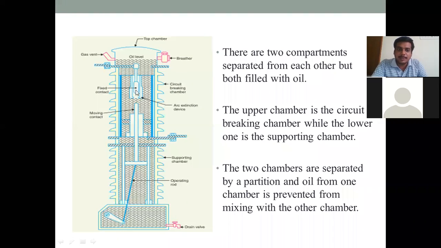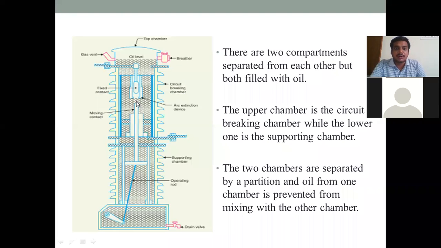Now you can see here that the top chamber and the lower chamber are separated. The need for this partition is that the arc which is produced will be reduced or deionized with the help of the oil in the upper chamber. The arc is nothing but an electrical spark.